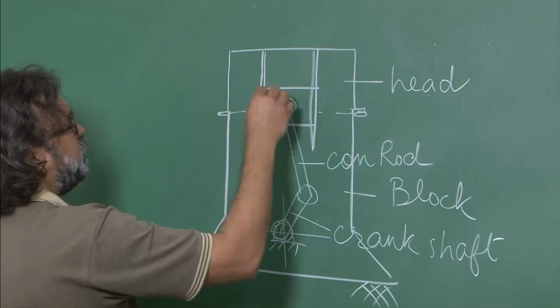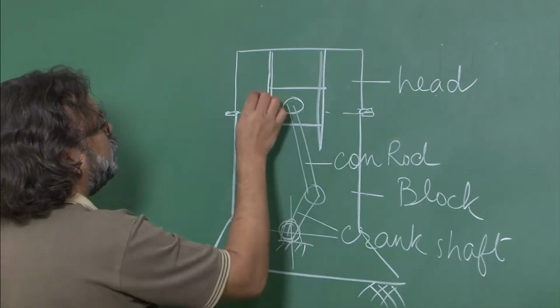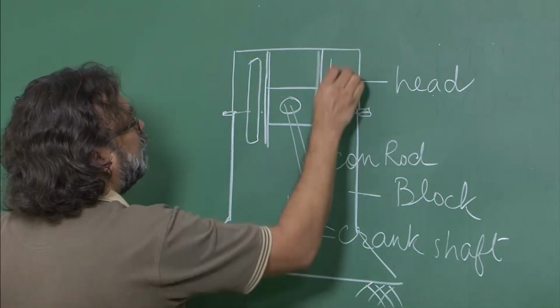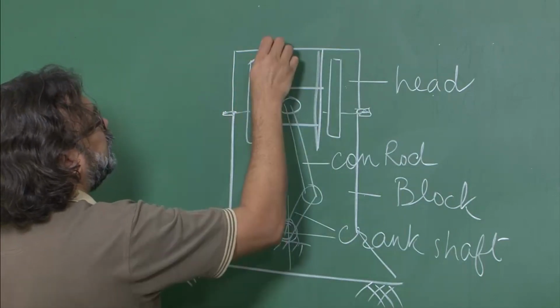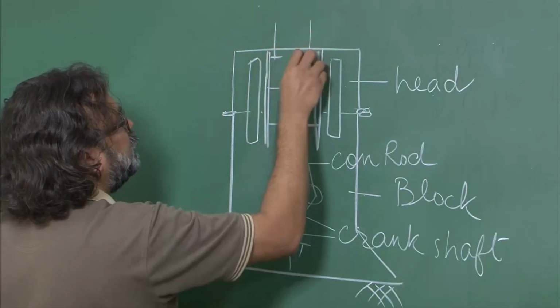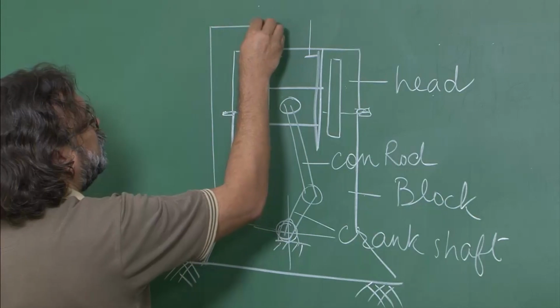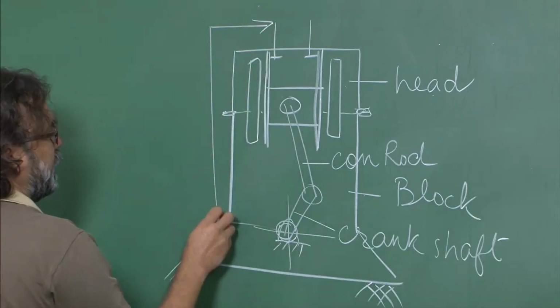And of course there is cooling water which is being circulated here. So this top portion essentially has the valve arrangement. And then the timing gear, from the timing gear you have the opening and closing. So you have the camshaft.